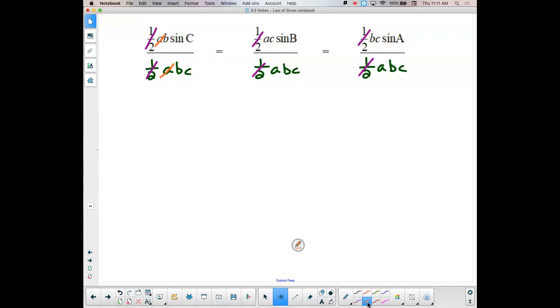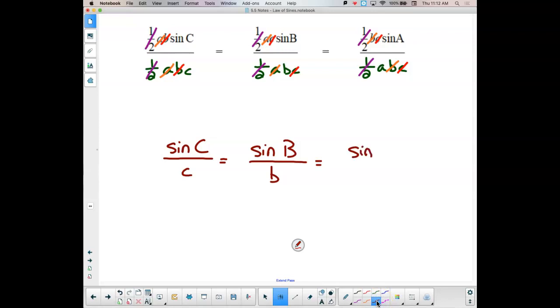A cancels out A. B cancels out B. So all I'm left with here is the sine of C divided by side C. A cancels out A, C cancels out C, so what I'm left with is the sine of angle B over side B. B cancels out B, C cancels out C, and I'm left with the sine of angle A divided by side A.